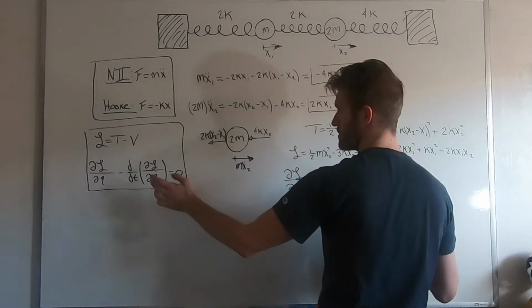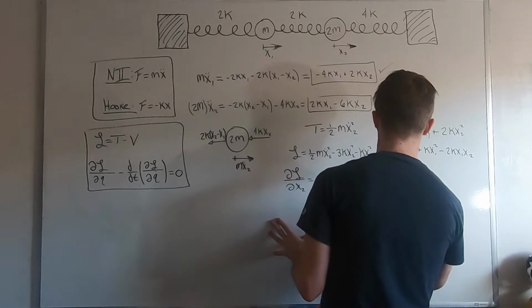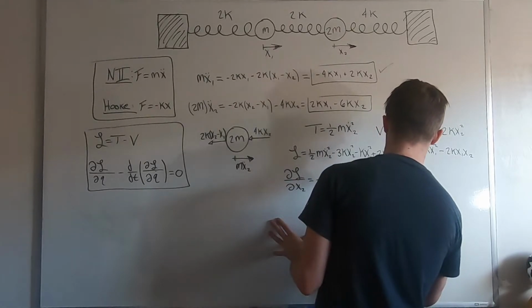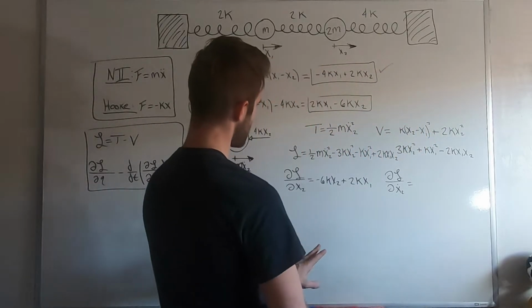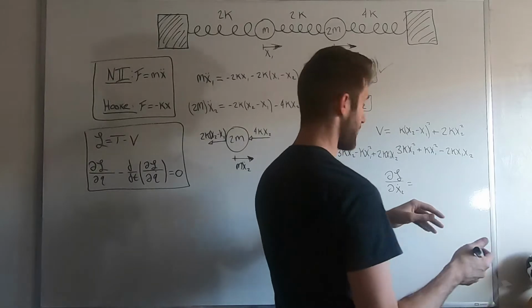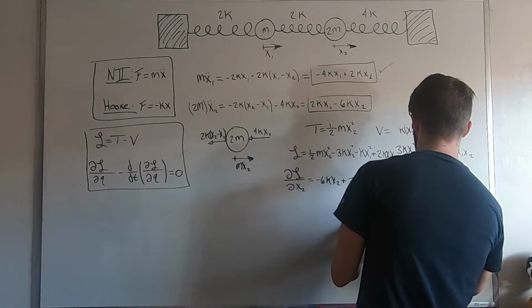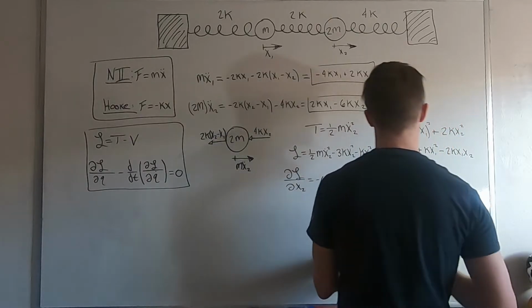Now we need to just apply this. So we're going to have d Lagrangian with respect to x2 dot, which is going to give us m. So this all basically vanishes, so this is just going to be m x dot sub 2.